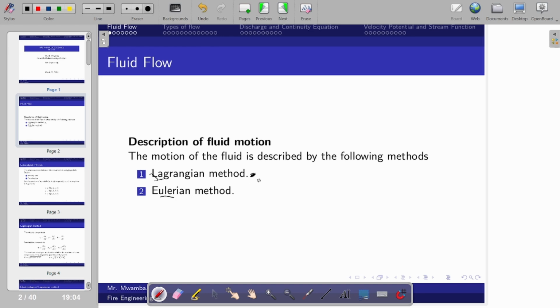So there are two of them: the Lagrangian and Eulerian methods of describing fluid motion. We are first going to look at the Lagrangian method and then the Eulerian method.